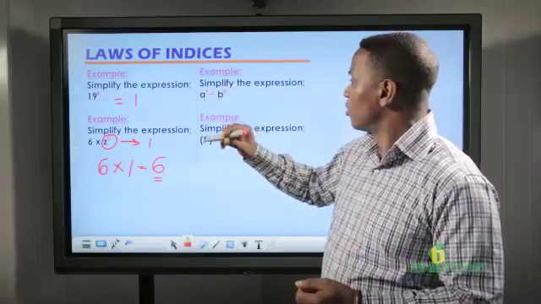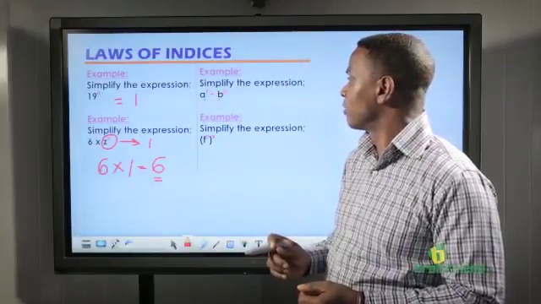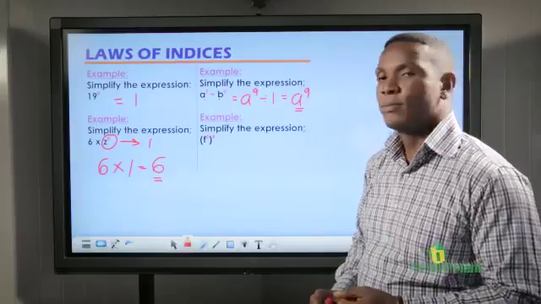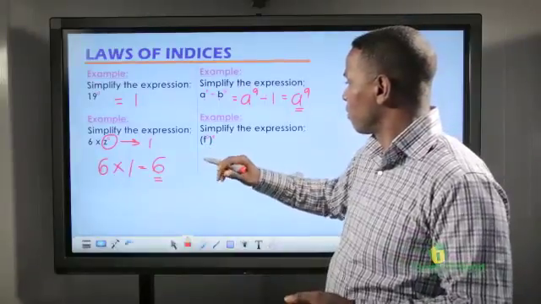Let's also take a look at this expression here. A raised to power 9 divided by B raised to power 0. This would also give us A raised to power 9 divided by 1, which of course would still give us A raised to power 9. I guess we're following. Let's see this one.